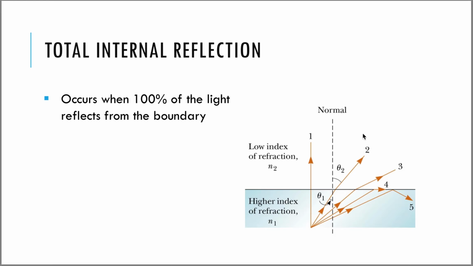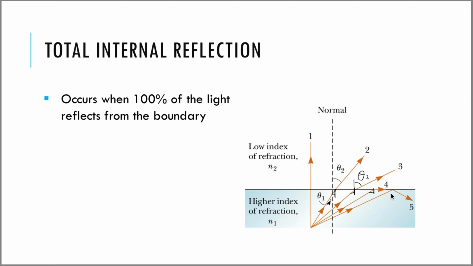Let's look at another picture here that has all of these cases together. We have the straight case here, and we can see as we keep increasing the angle of incidence, the angle of refraction, angle 2 here, keeps getting bigger and bigger.